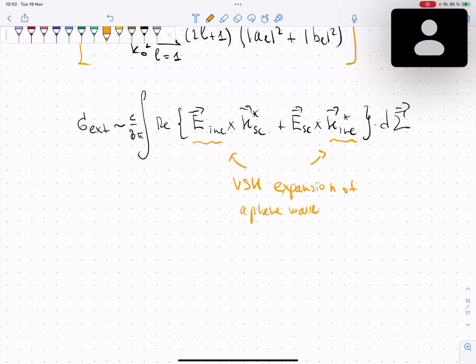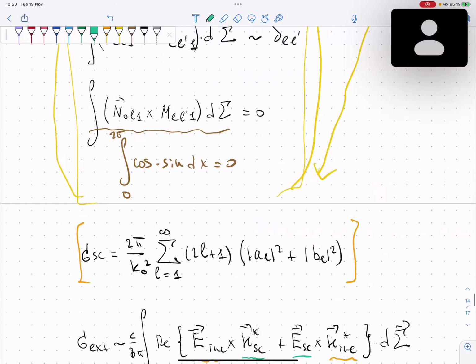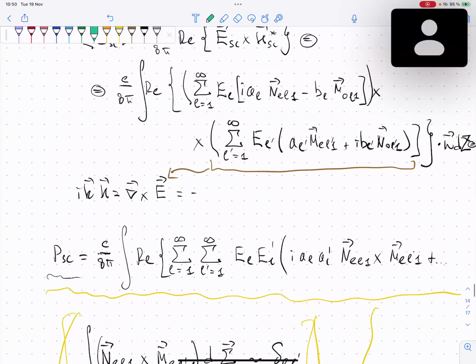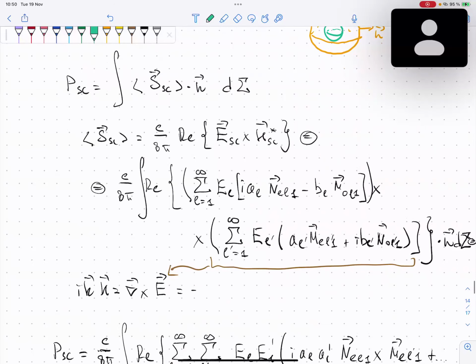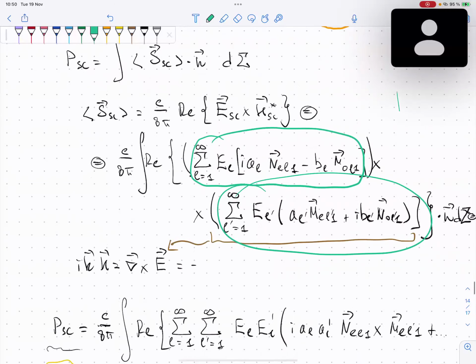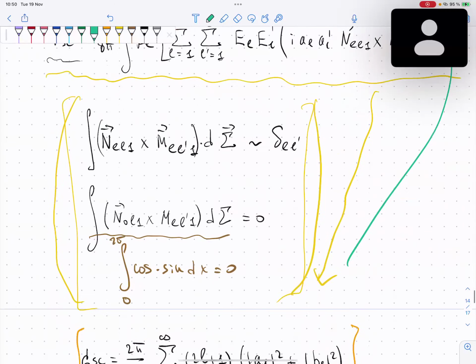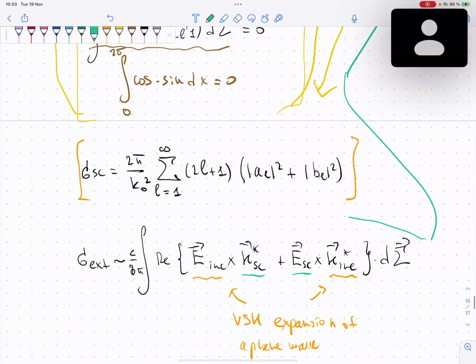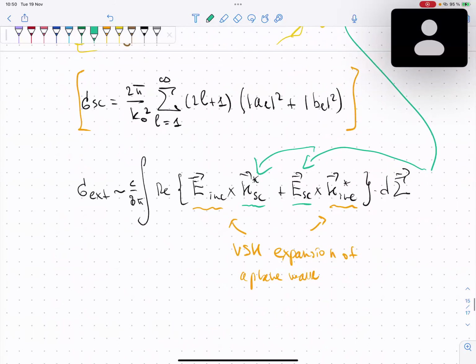If you remember, I wrote this expansion in the beginning, maybe, of the previous lecture. And for these guys, we basically put this expression. So, for example, this expression for the electric field and this expression for the magnetic field, we put it here.